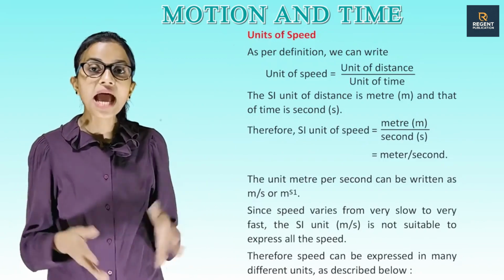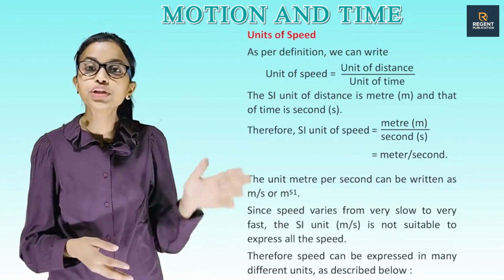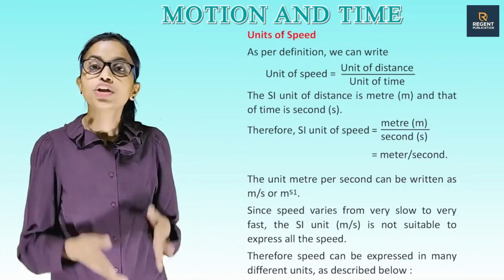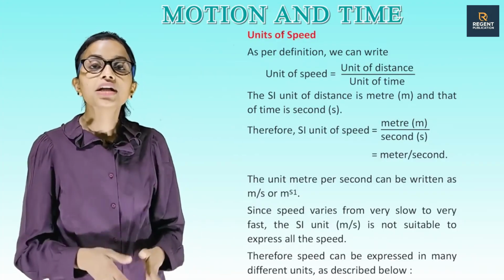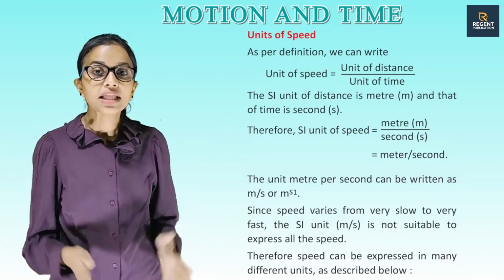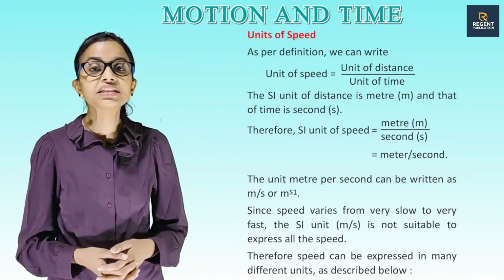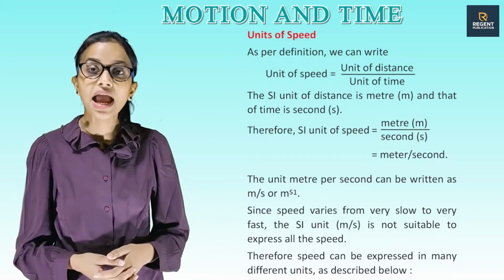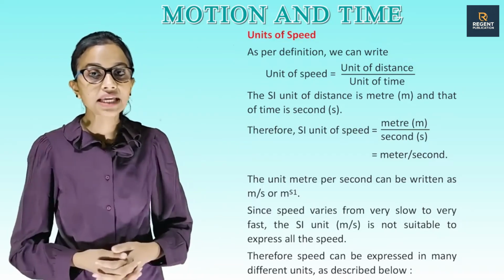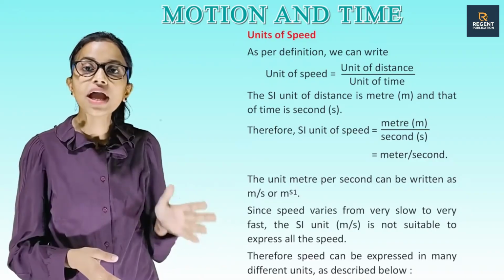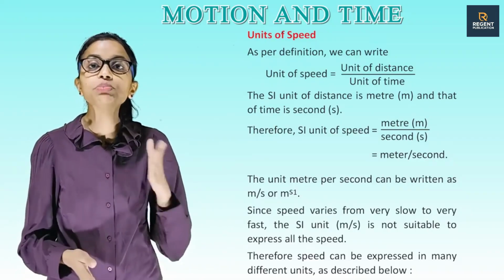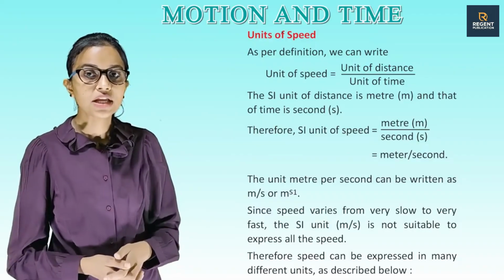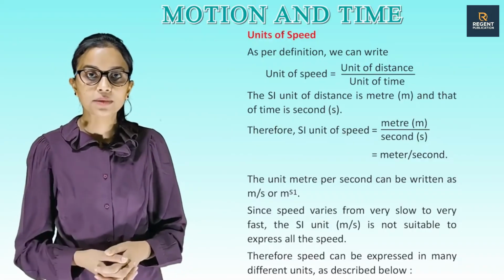Units of speed. As per the definition, unit of speed is equal to unit of distance divided by unit of time. The SI unit of distance is meter, that is m, and that of time is second, that is s. Therefore, the SI unit of speed is meter divided by second, which is meter per second.